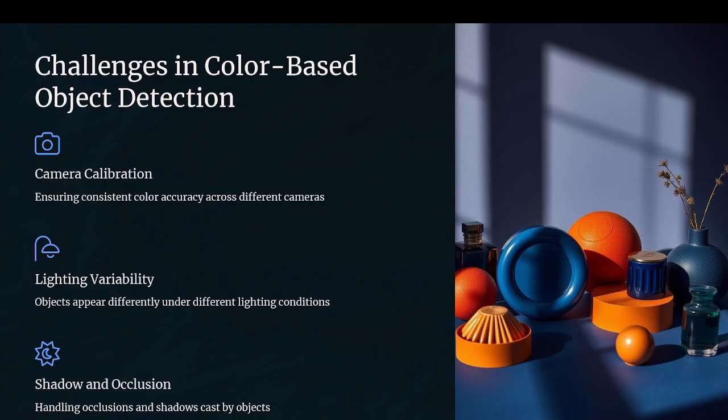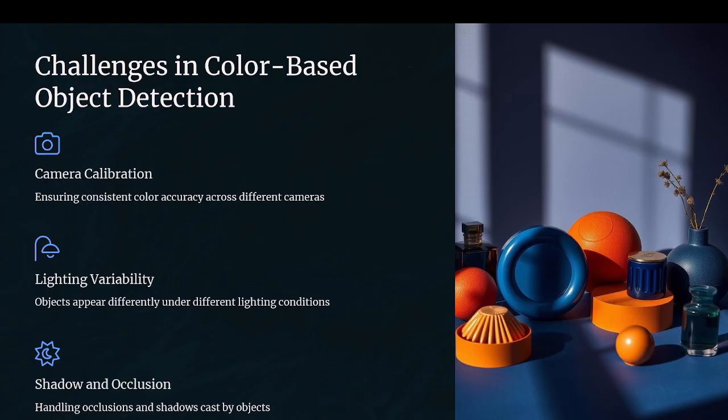Lighting variability. Objects appear differently under diverse lighting conditions. Consider how a red car looks under daylight versus street light. Algorithms must adapt to the changes. The next is shadows and occlusions. Objects may be partially hidden or cast shadows, making it difficult to detect them accurately.